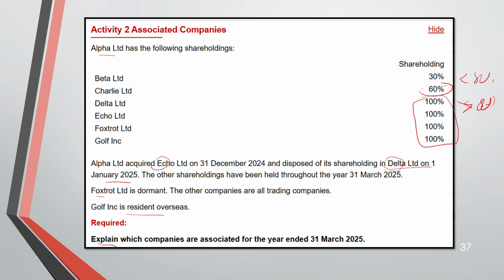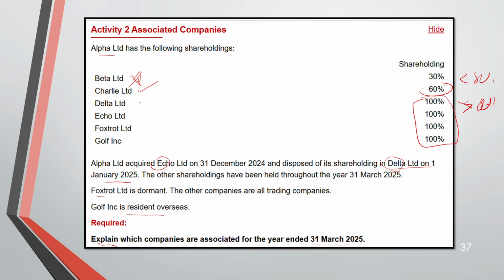So B straight away is not associated because it's less than 50. It's 30%. C is 60, C yes. D was disposed of on 1st Jan 2025 before the year end. So we'll see D. And E. E was acquired on 31st December 2024.